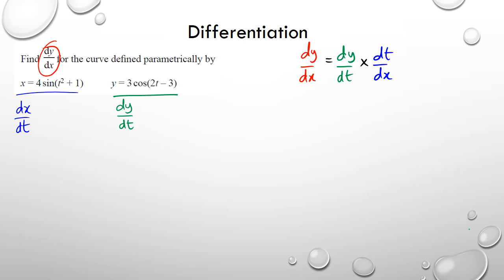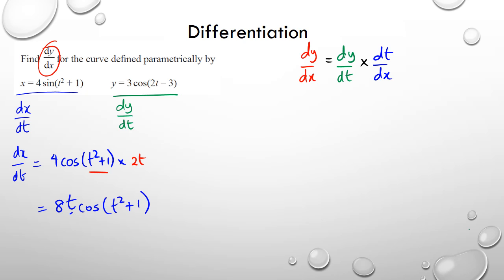So let's work out dx dt first. So dx dt is going to equal 4 cos t squared plus 1 multiplied by the differentiation of whatever is inside the bracket, which is 2t. And this could be simplified as 8t cos t squared plus 1.